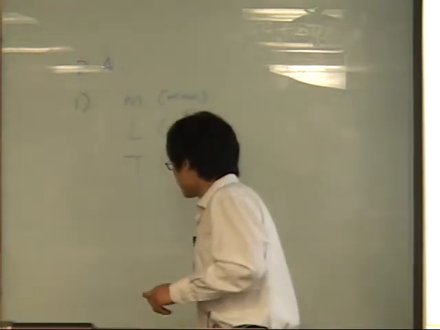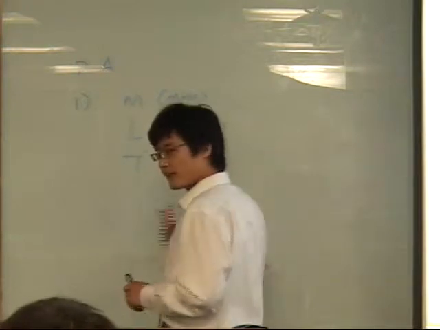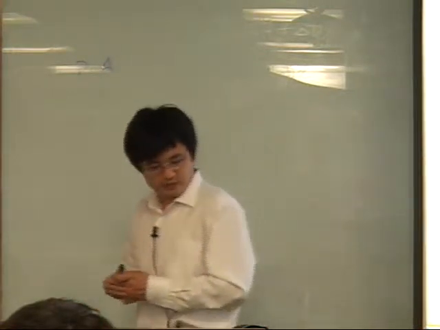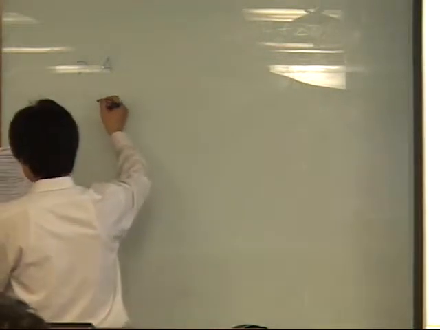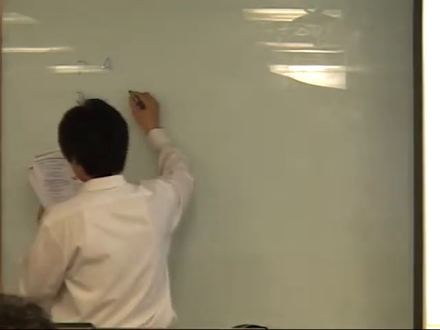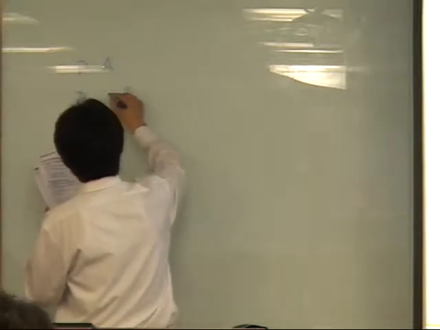Here's a little example that I liked the most. That's from one of my advanced fluid mechanics classes, not in the ocean engineering area. So that is: prove the Pythagorean theorem with dimensional analysis.